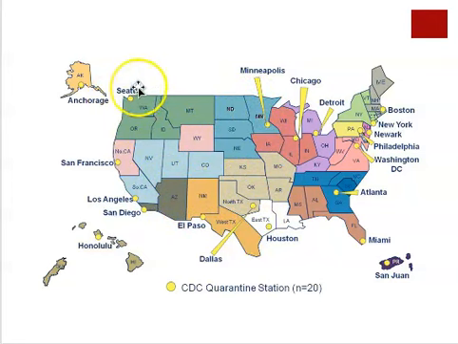There's a quarantine station in Seattle, up in Alaska, down the west coast, and across the southwest. So there are 20 different places, physical locations in our country, where the Centers for Disease Control has the legal authority to both quarantine and isolate U.S. citizens.